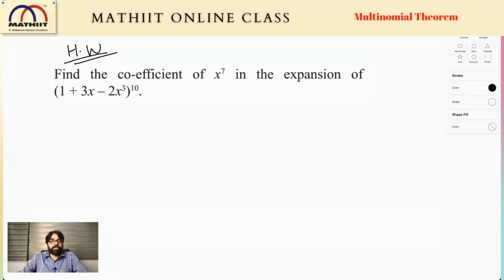Try this question and let me see how many people are able to post the answer, and I will ask my office people to paste their picture there in the next class. It's a tricky question, not that easy, because here also x, here also x. You have to find the x power 7 coefficient. So think carefully, try, fight with the question, and then write the answer once you get it. Thank you very much. We'll see you in the next lecture.